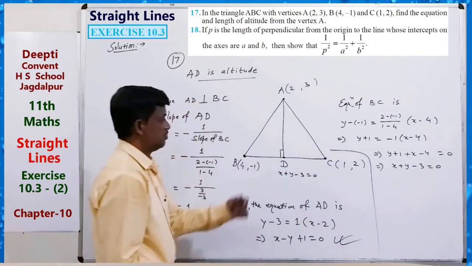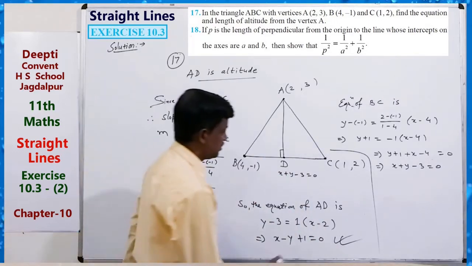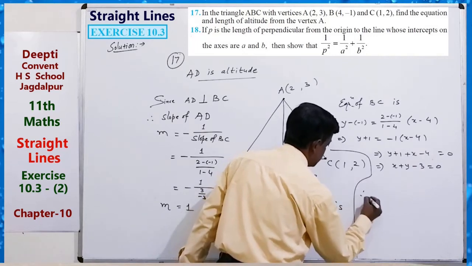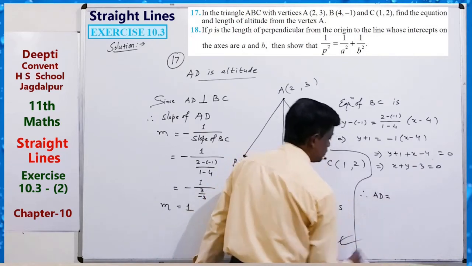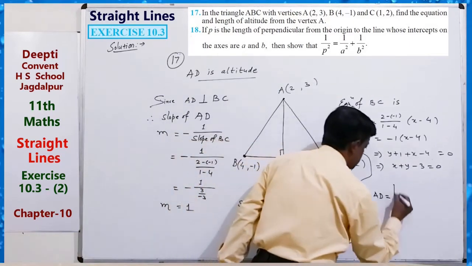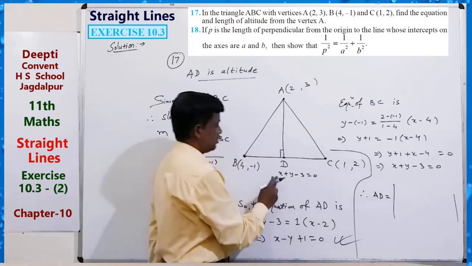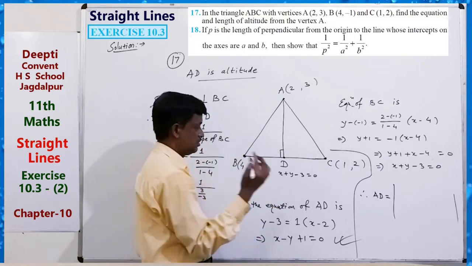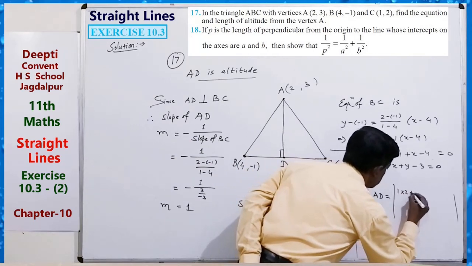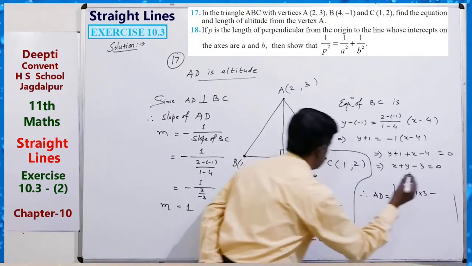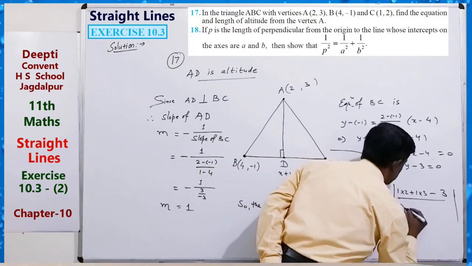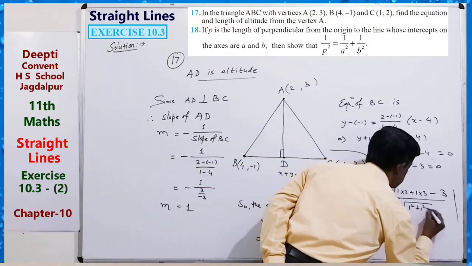Now, the perpendicular distance AD. Therefore, AD equals the distance of this point from this line: modulus of 1 into 2 plus 1 into 3 minus 3, upon root over 1 square plus 1 square.